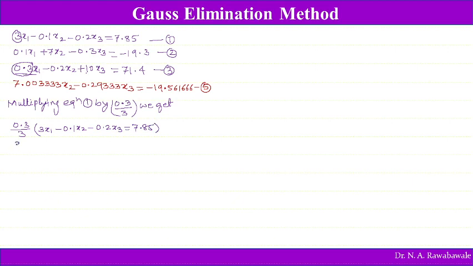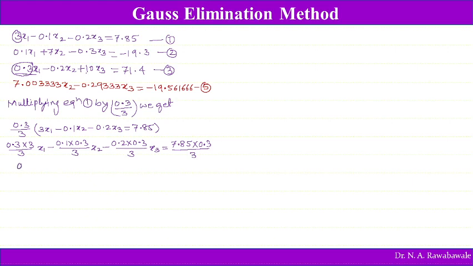So on simplification, 0.3 into 3 divided by 3, x1 minus 0.1 into 0.3 divided by 3, x2 minus 0.2 into 0.3 divided by 3, x3, which is equal to 7.85 into 0.3 divided by 3. So on simplification, this 3 gets cancelled.